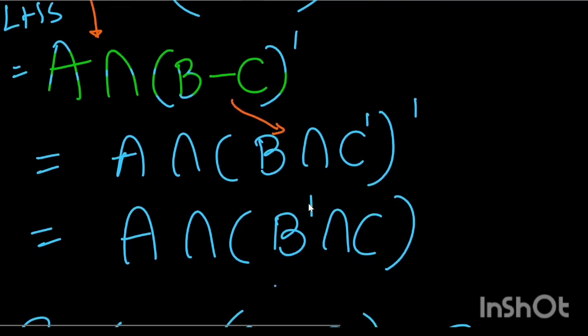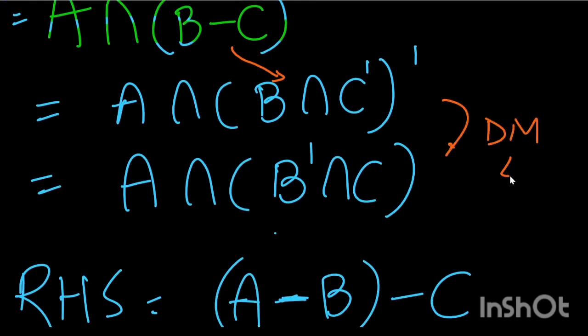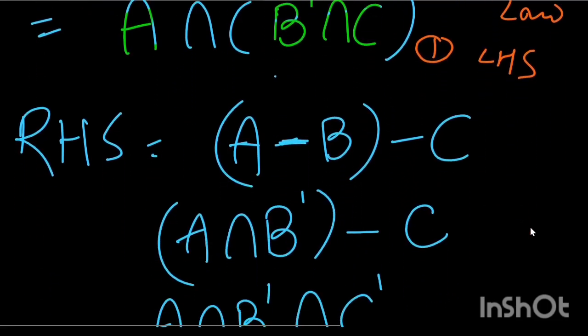Now (B intersection C dash) dash can be written using De Morgan's law as B dash union C, while A remains the same. So the LHS is A intersection (B dash union C).